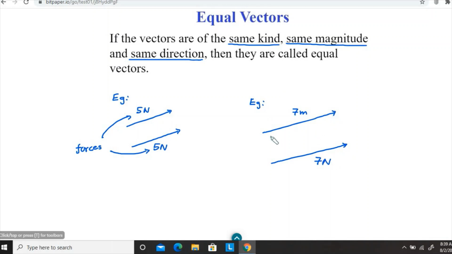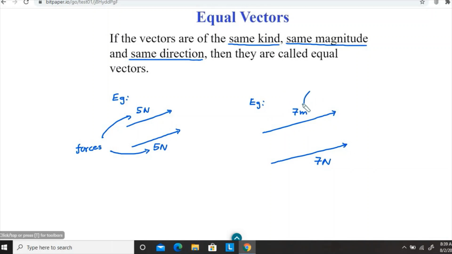As you can see, the lengths of these arrows are the same, representing that the magnitudes are the same, 7. Their directions are also the same, that is the direction of the arrow that points in the same direction.